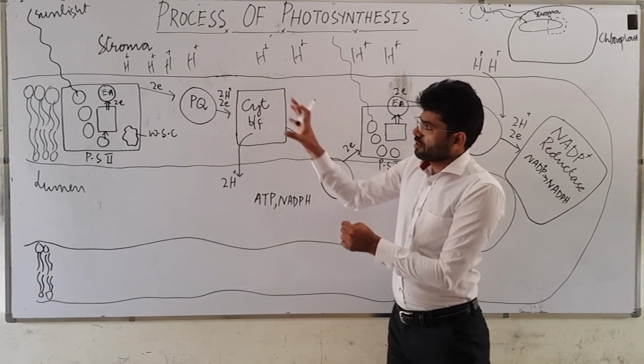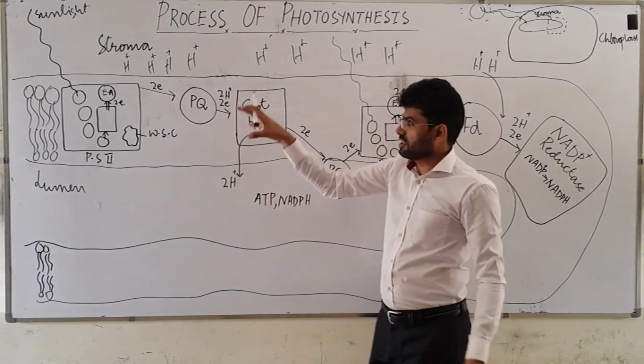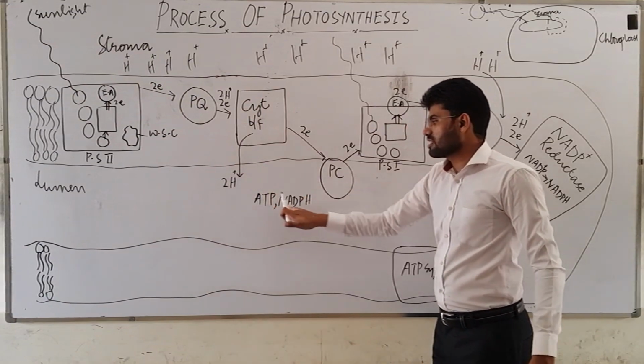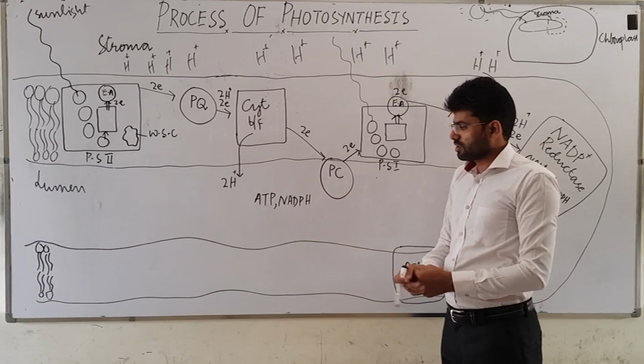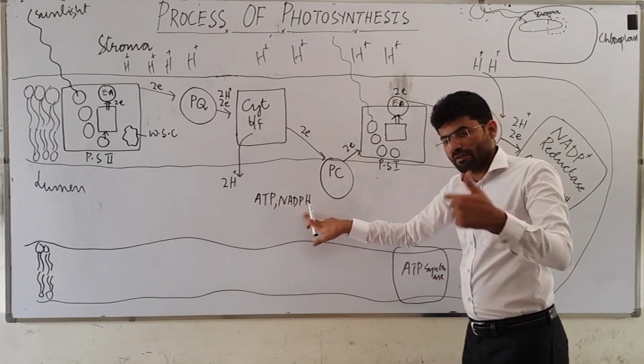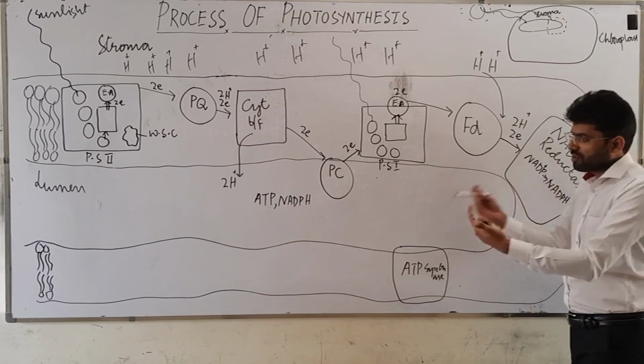The energy we received from sunlight will be converted in this light reaction into these energy carrier molecules. Among these two, we have synthesized one. This is called NADPH. How did we synthesize it?